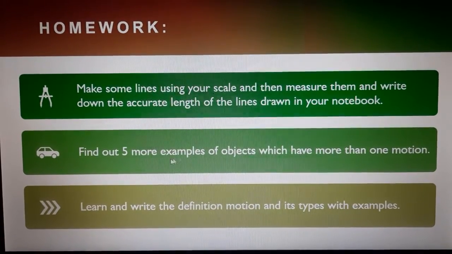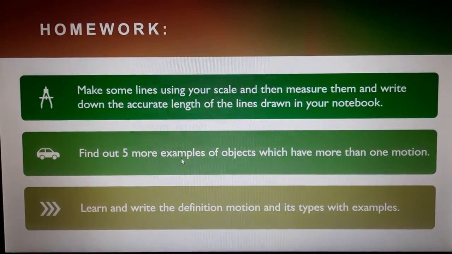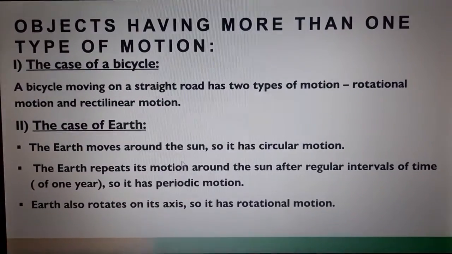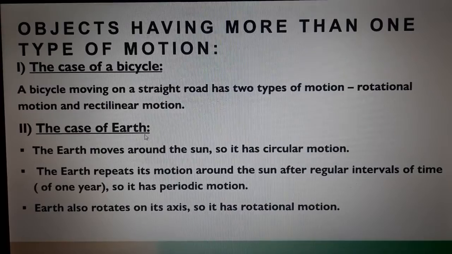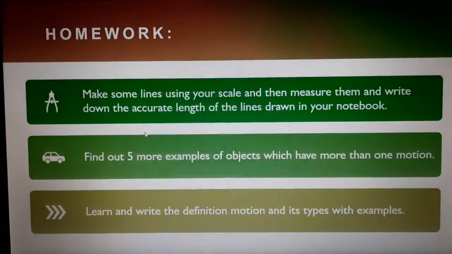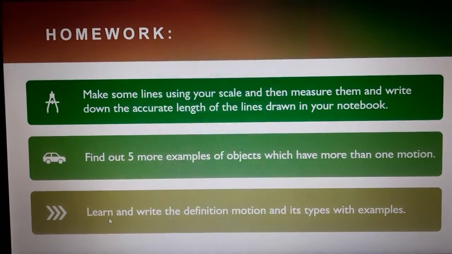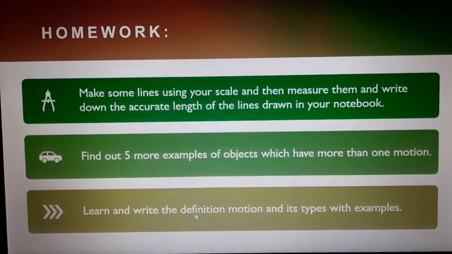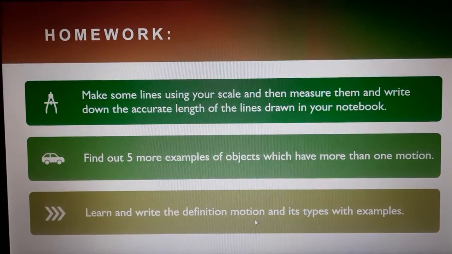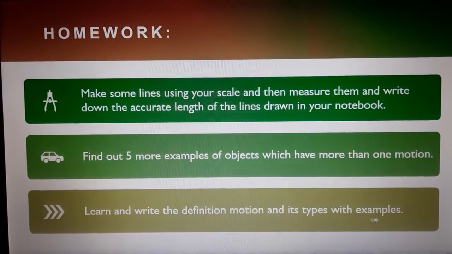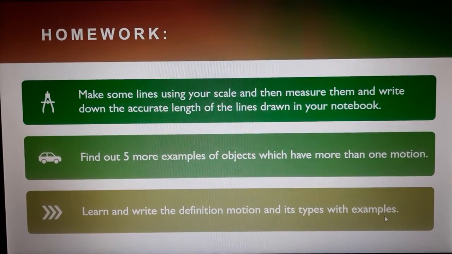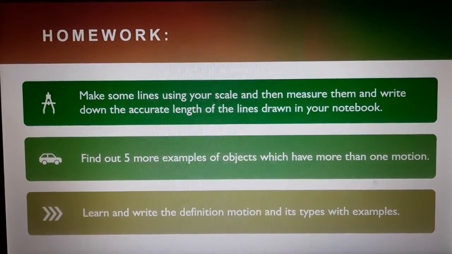So you have to write 5 such examples like we just saw in case of a bicycle and in case of an earth. So you have to write 5 such examples in your notebook. Third is learn and write the definition of motion and its types with example. So you have to do all these in your notebook.